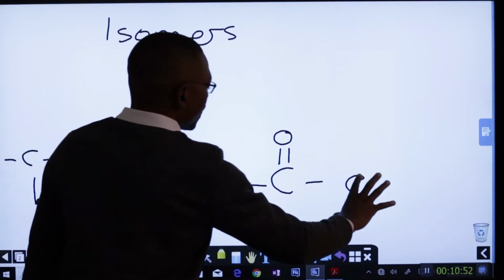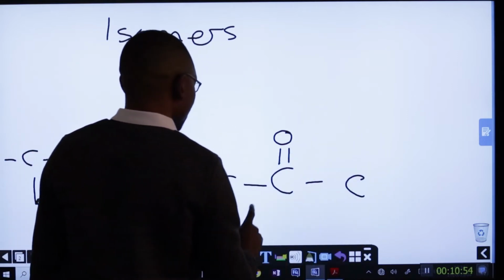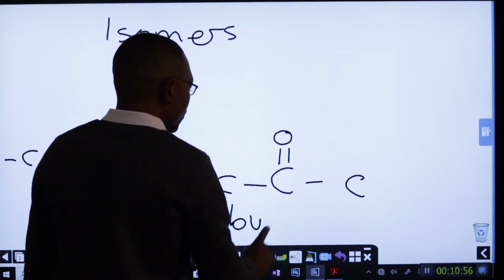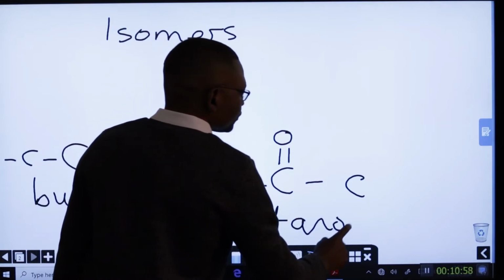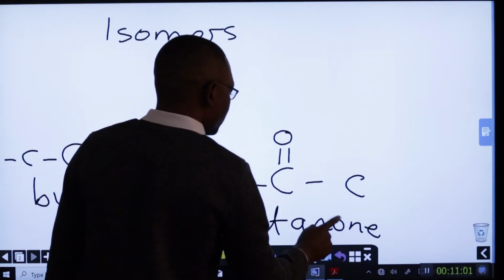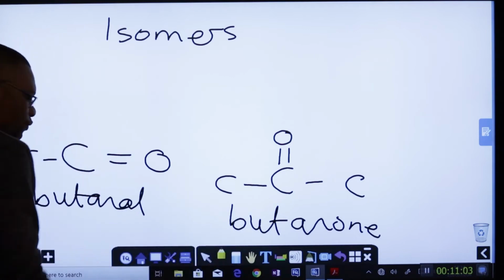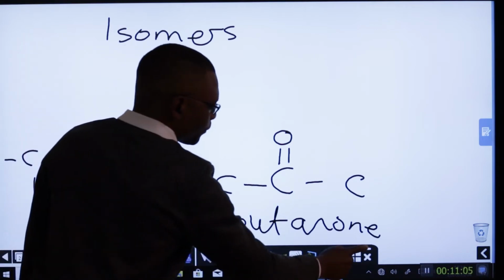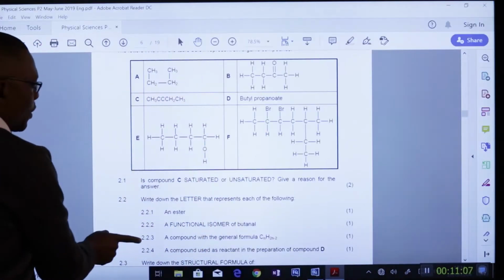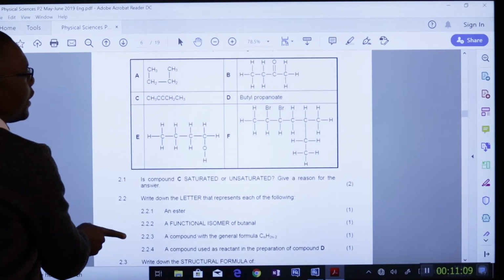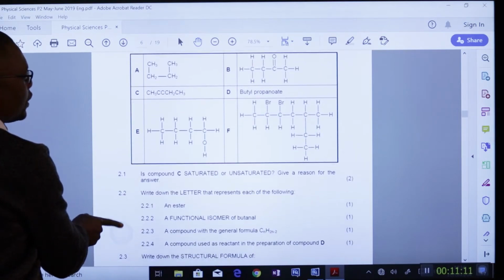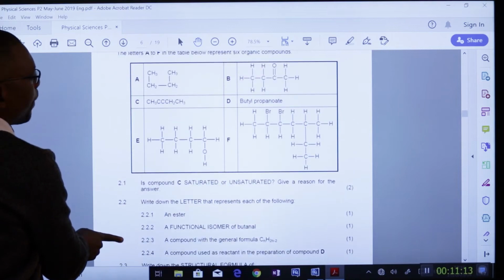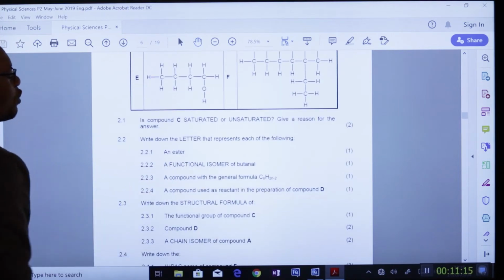So now this is no longer a butanol, but it's a butanone, a ketone, which is an isomer of the butanol. Okay. So for 1 mark, you see that the letter B is a functional isomer of butanol.